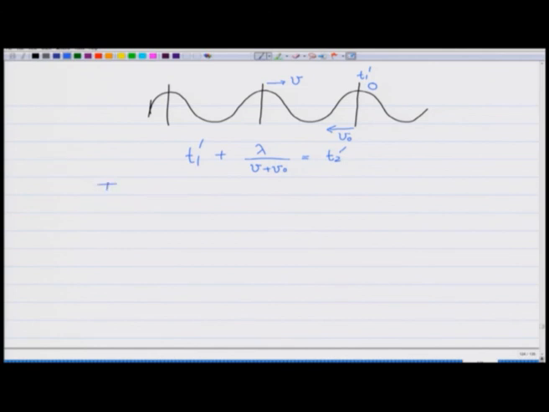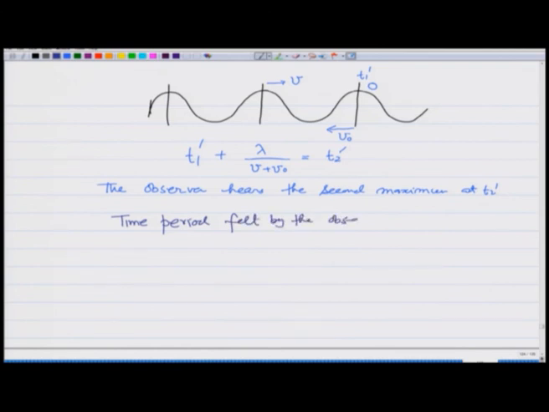So, the observer hears the second maximum at t2 prime. So, the time interval or time period felt by the observer is equal to t2 prime minus t1 prime, because this is the interval in which he heard the two maxima.